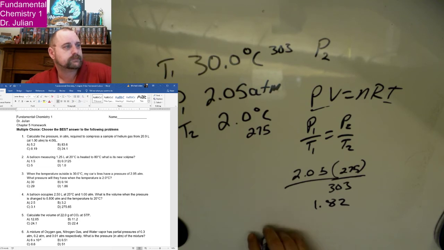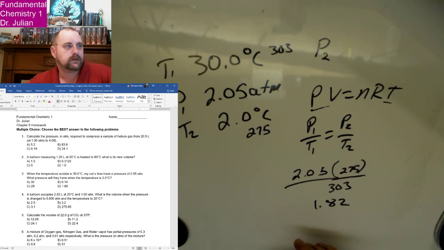Hmm, what am I doing here? Oh, I see a problem. 30 degrees, 2.05, 2 degrees. What pressure?